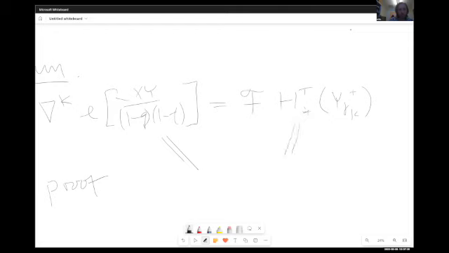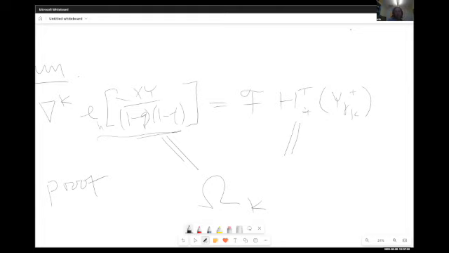And the way the proof goes is, on the one hand, from the first paper, the nabla operator of En applied to this plethystically transformed En is equal to this combinatorial sum.